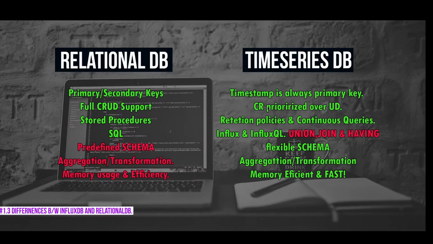Whereas with a time series database, create and read are prioritized over update and delete. And this again goes well with the philosophy of time series data. Generally, with time series data, you want to perform bulk updates and read data across large time frames. You want the capability to read millions of records.